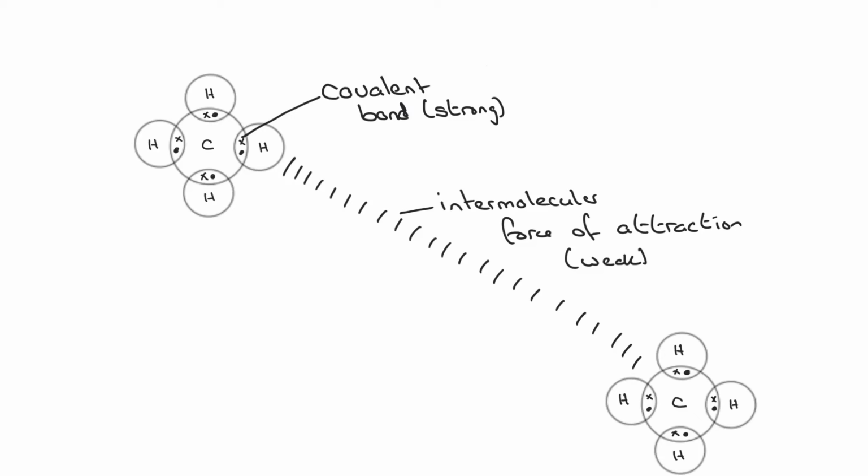So therefore, the properties of simple molecular structures are low melting point and low boiling point, because we're overcoming intermolecular forces of attraction rather than breaking covalent bonds. And they never conduct electricity because there are no charged particles that are free to move.